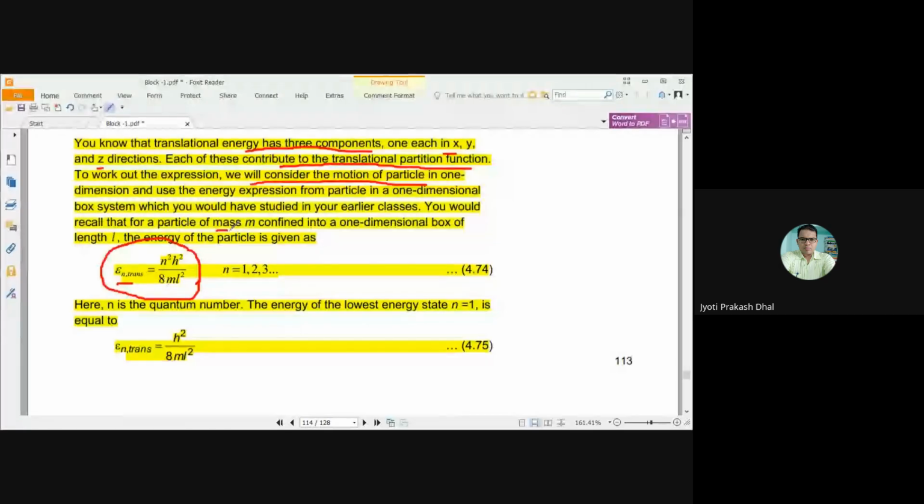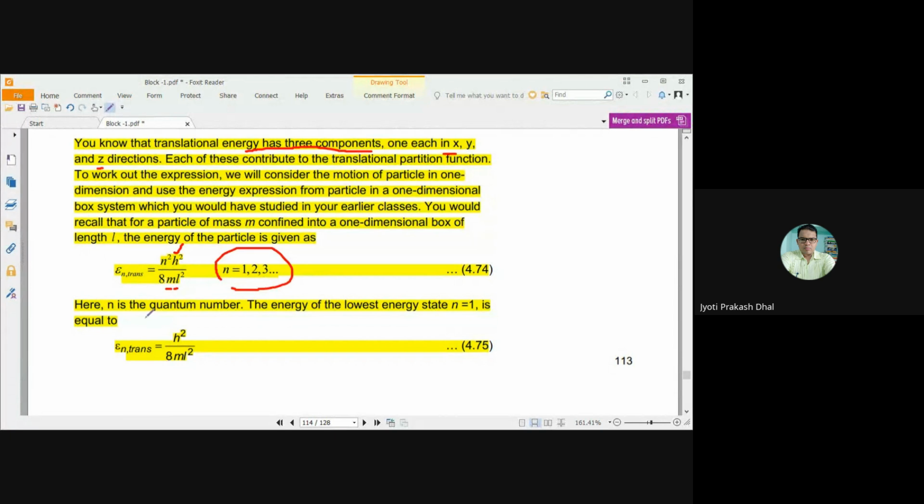You recall, for a particle of mass m confined in a one-dimensional box of length L, the translational energy of the particle is given as epsilon n translational equals n square h square divided by 8 m L square. So m is the mass of the particle, L is the length of the one-dimensional box, h is Planck's constant, and n is the quantum number, that means the different energy levels. So the value of n will be 1, 2, 3 and so on.